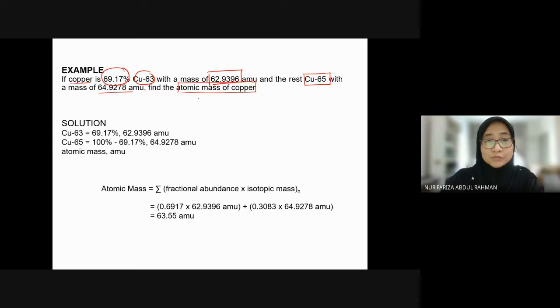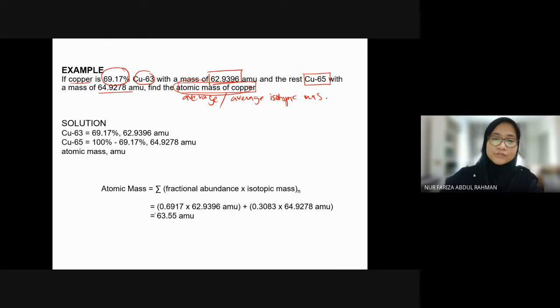It is understood by the words atomic mass of copper, when it has isotopes, that the atomic mass of copper is also known as average atomic mass, or it can also be called average isotopic mass, because it has isotopes.